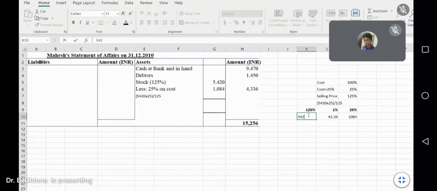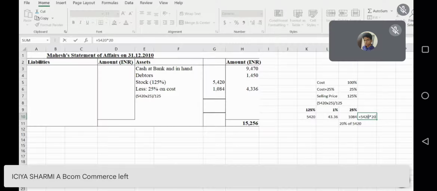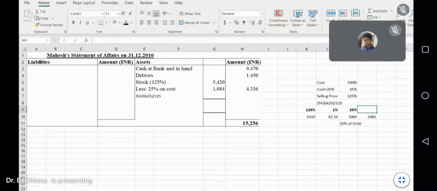Perfect. Clear? And also this is 20% of how much? 5420. So when you multiply 5420 by 20%, you will again get 1084. Can you understand both formulas, students? Whichever you feel comfortable with, you can consider that.